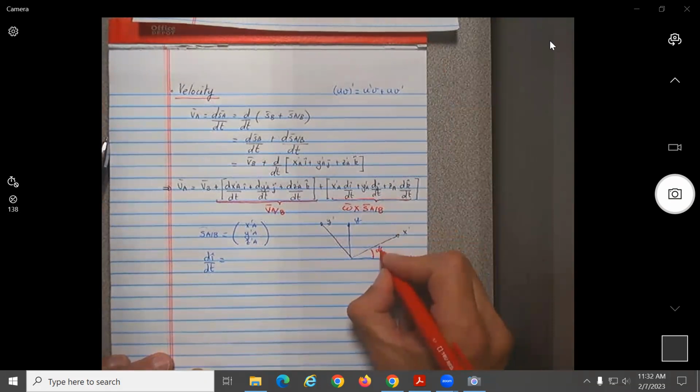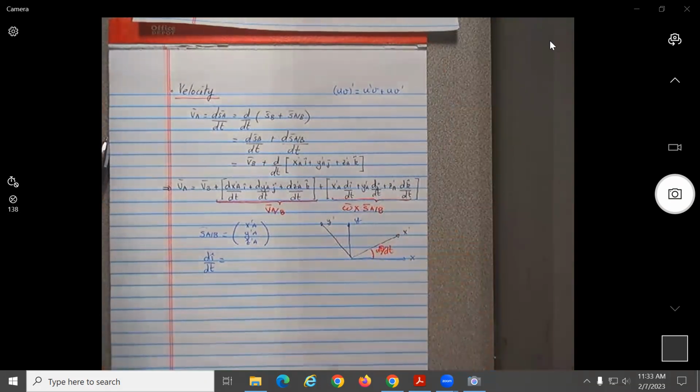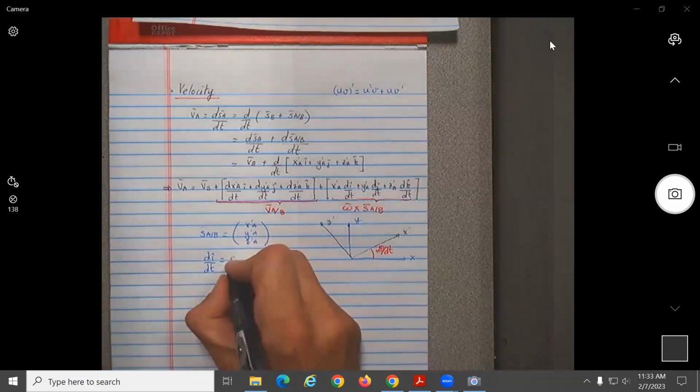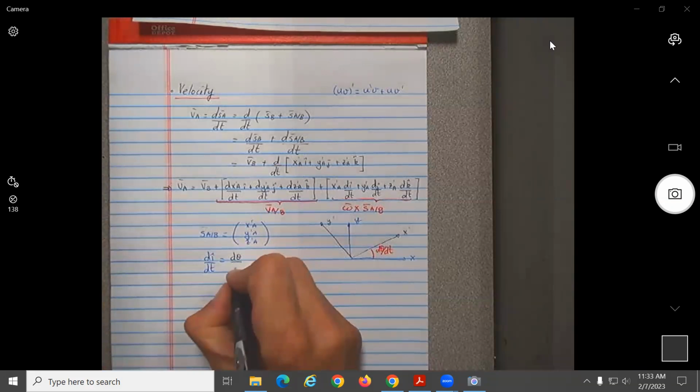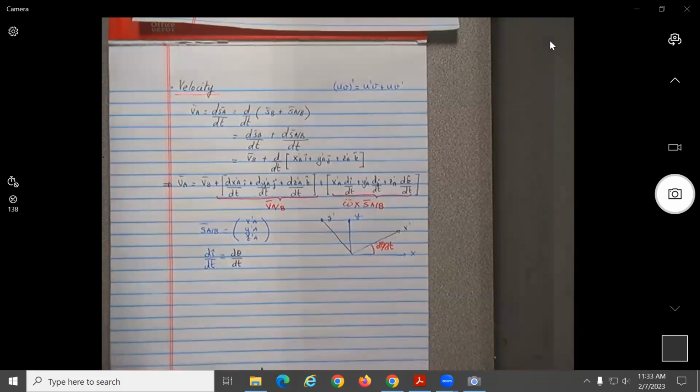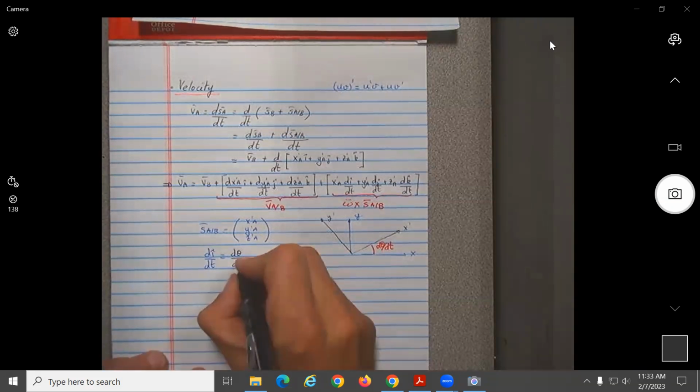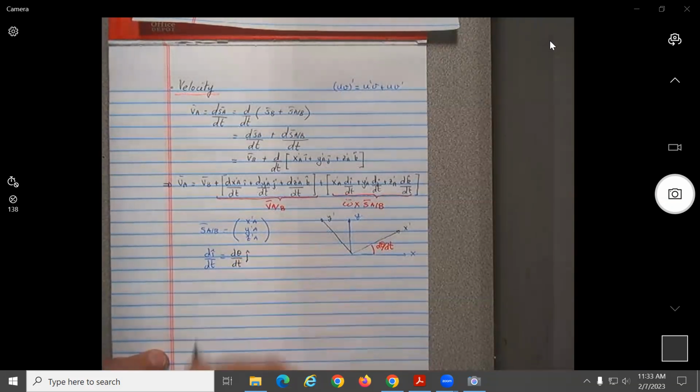This is d theta dt, which would be whatever angle you change as a function of time, no? Okay. So di/dt would be equal to the change in angle, but the change of angle is moving in the z direction.